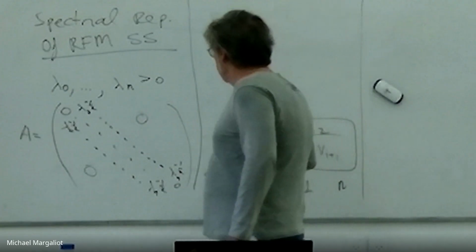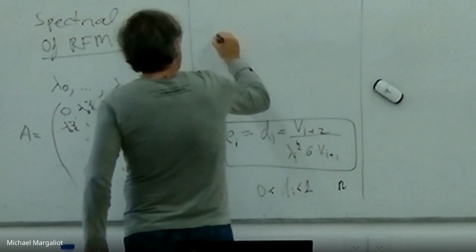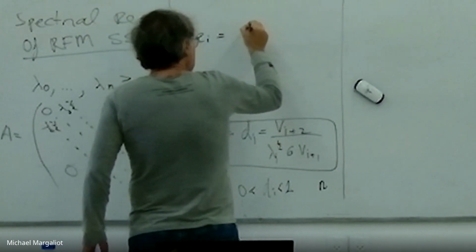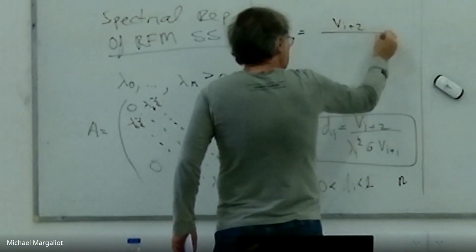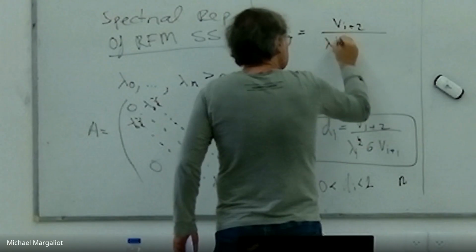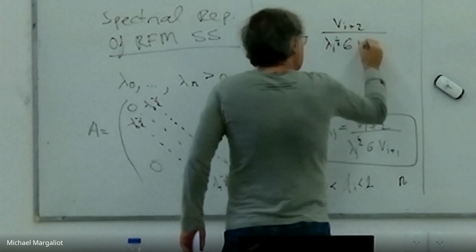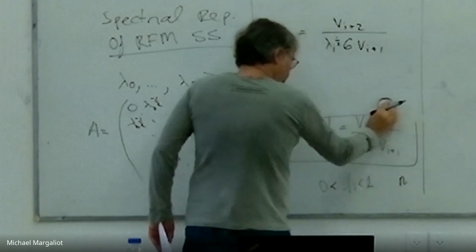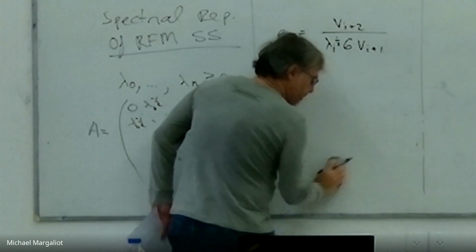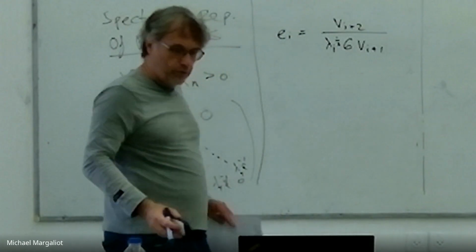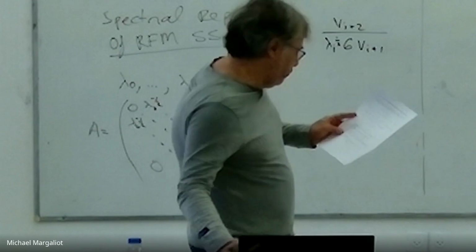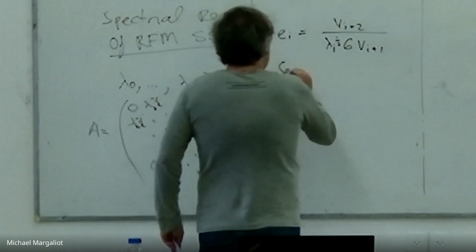Maybe I will just keep the expression for e_i somewhere, because we will need it later on, perhaps. Okay, now what do I want to do? I want to talk about sensitivity analysis.